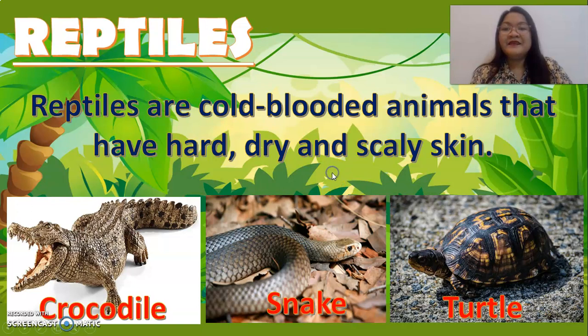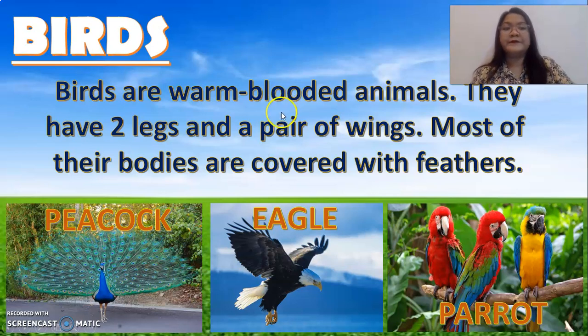Okay, next, number 4. So number 4 we have birds. So birds are warm-blooded animals. They have 2 legs and a pair of wings. Most of their bodies are covered with feathers.